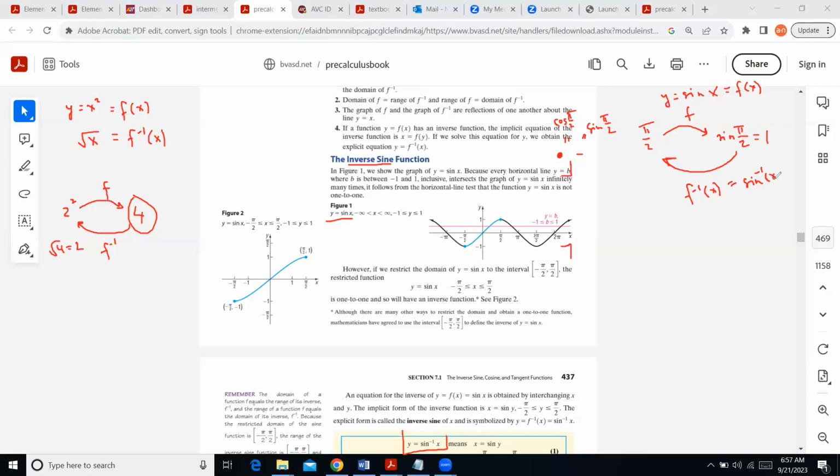So if I apply that function, so if I take the arcsine of 1, then I have to get pi over 2.